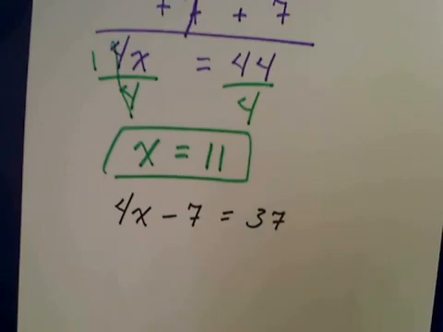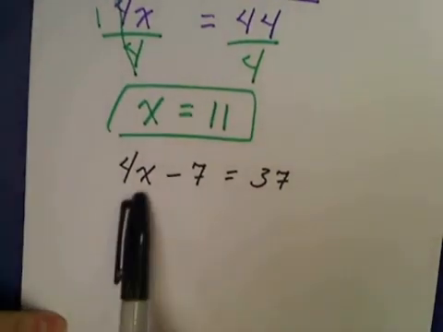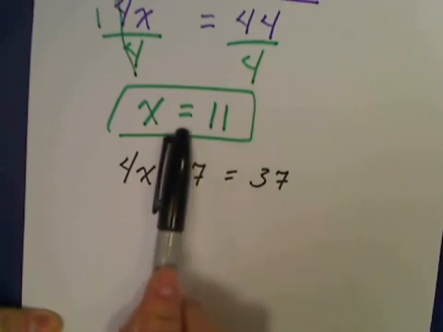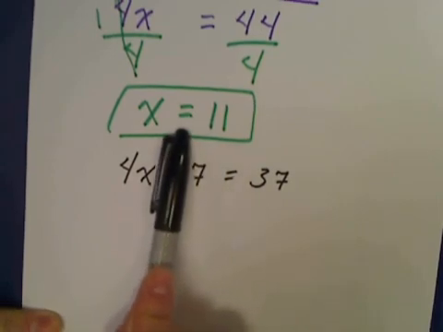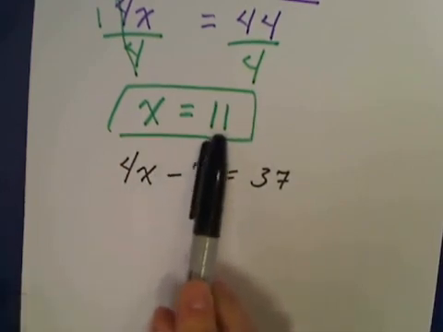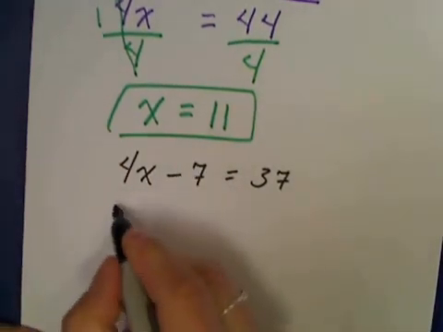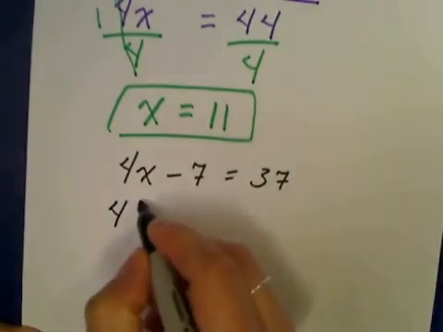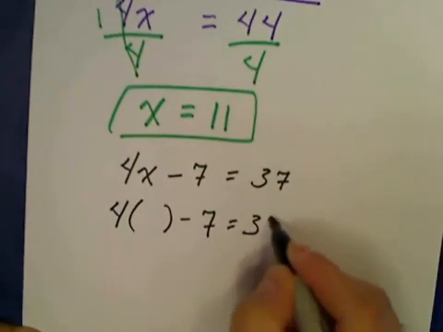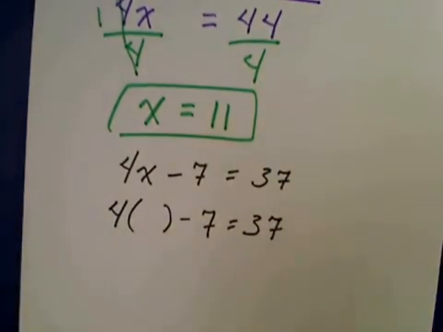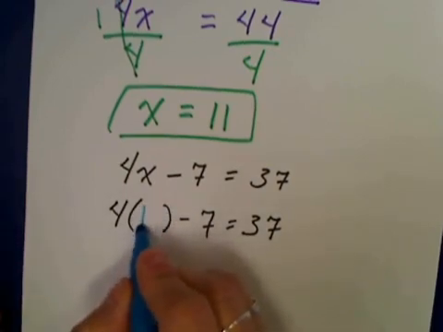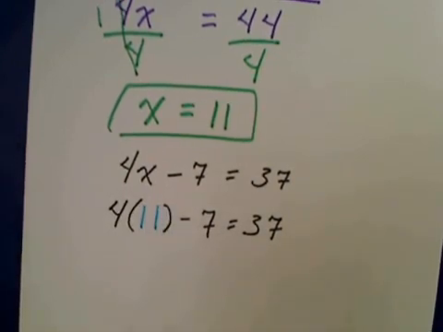So in this equation, I can replace the x with 11 because they are equal or mean the same thing. So I'm going to go through here and replace my x with the value I came up with. So I now have 4. Now I have to indicate multiplication, so I'm going to put parentheses in to indicate multiplication. If I just leave it without a symbol there, it's going to look like the number 411. So be very careful there.